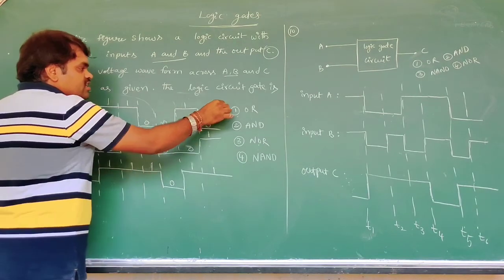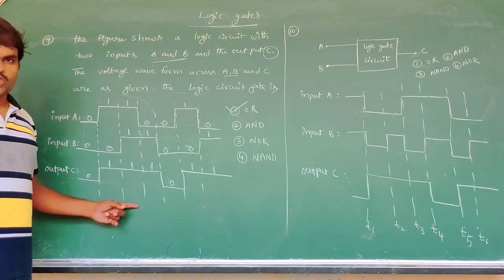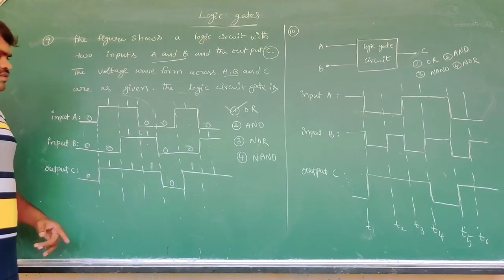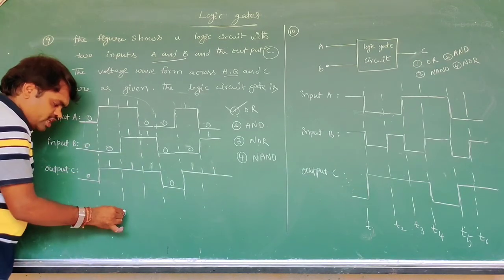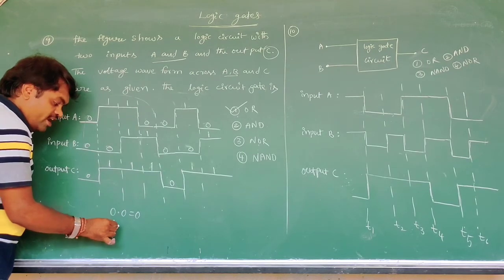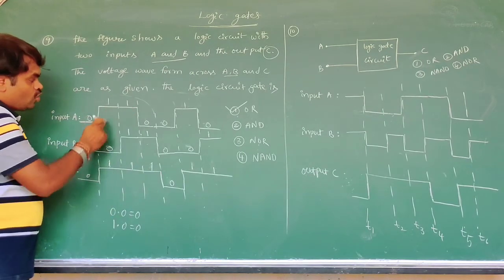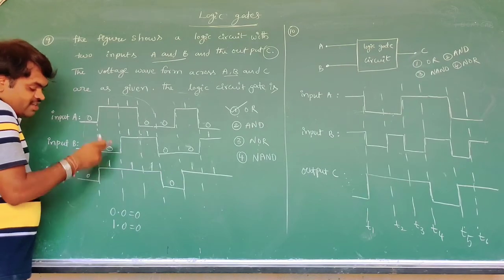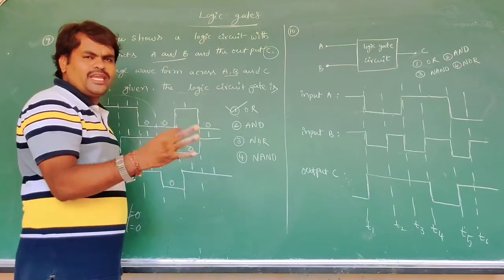That's why this is formed by the OR gate circuit. Maybe an AND gate circuit? 0.0 is 0, 1.0 is 0. But here 1.0 is 1, so it is not an AND gate. This is the OR gate. Clear?